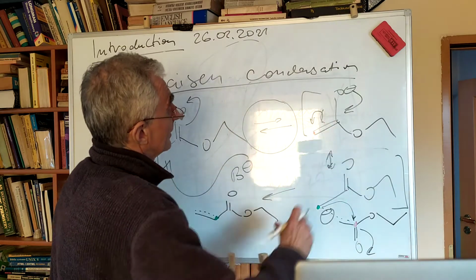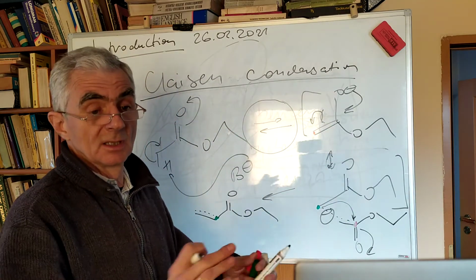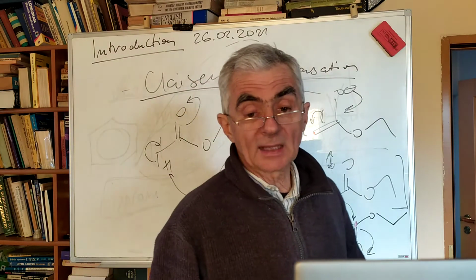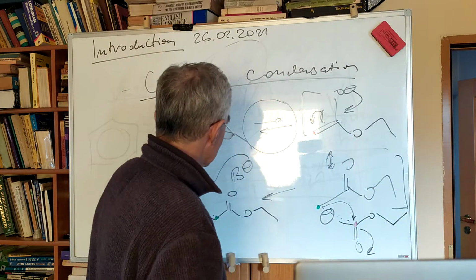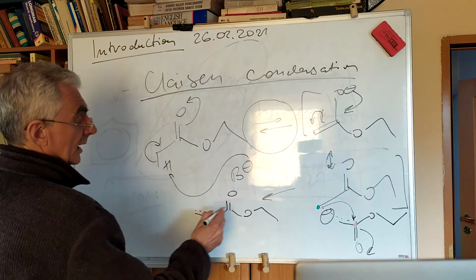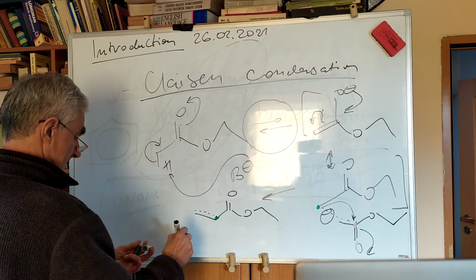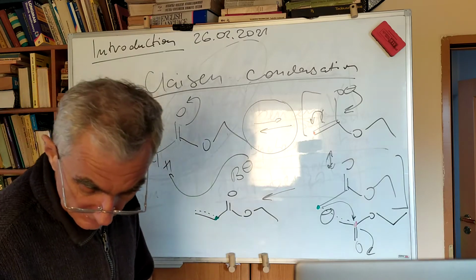So I'm writing that all in short notation, a compact one, not indicating all individual atoms, especially hydrogen atoms. And we have here the red one.